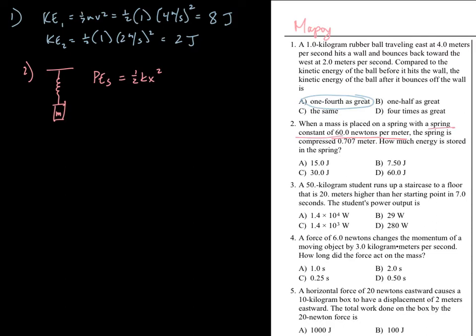Spring constant of that, 60 newtons per meter, that's our K. The spring is compressed this much, that's our X value, that's the compression distance, 0.707 meters, don't forget to square that. And we're looking for how much energy, that's PES. When you solve that, you should get 15 joules.